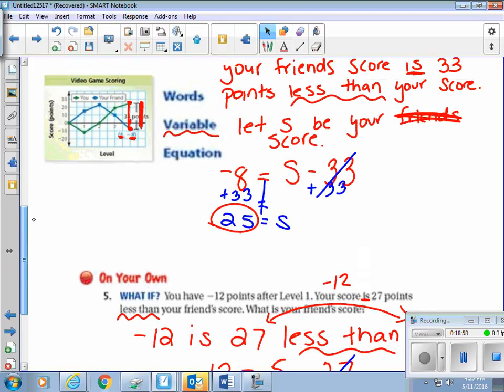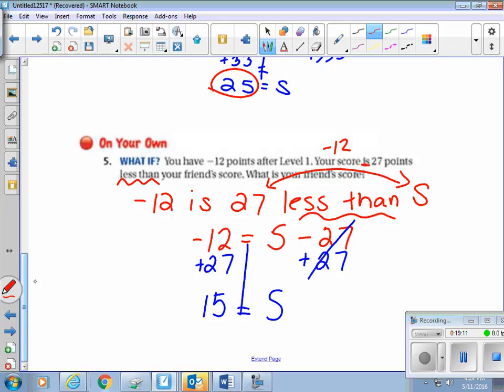If we go back to the graph, here's level 1, and your friend's score is here. After level 1, in between 10 and 20 would be 15, so it's definitely correct.